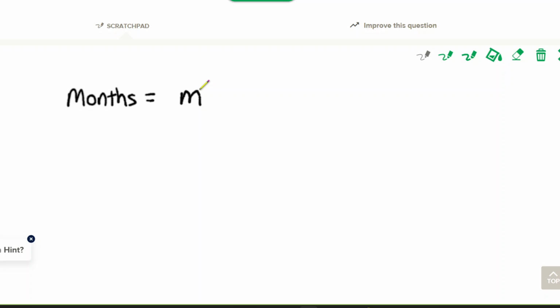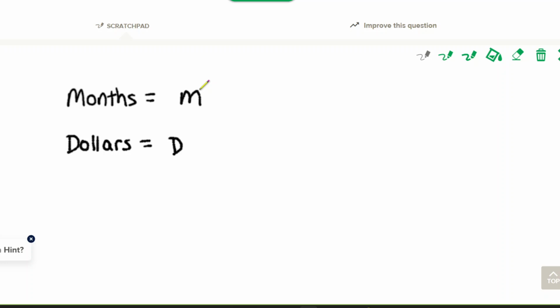You can call it X or Y or Z or whatever you want, and I'm going to call it M. And then each month, the amount of dollars in the bank account changes. Anything that changes, anything that varies, we can assign a letter or an expression to. I'm going to call this D for dollars.